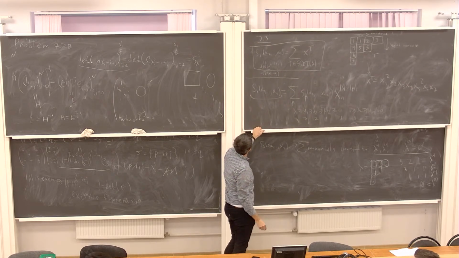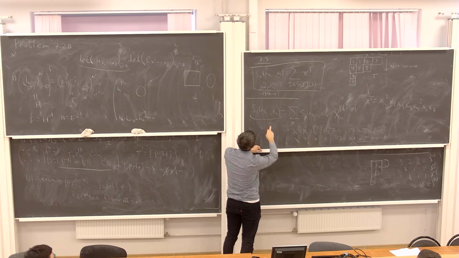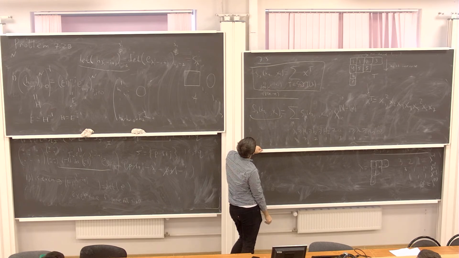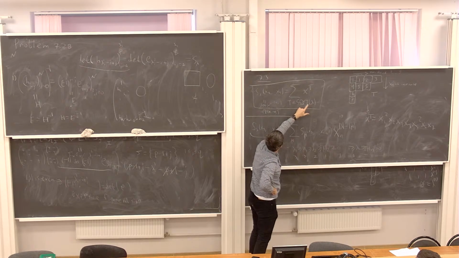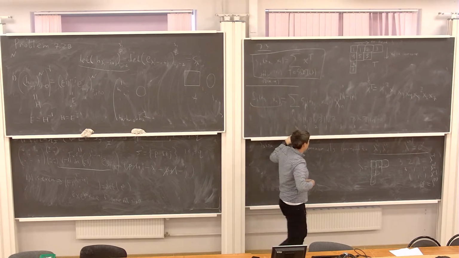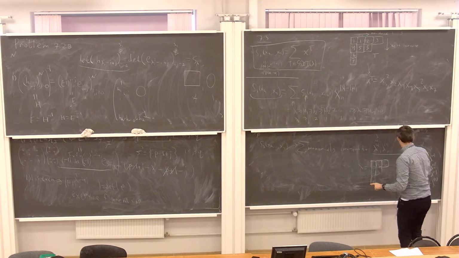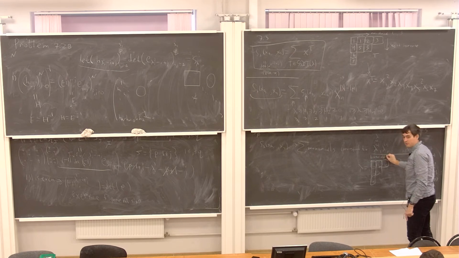Let's recall what the connection is between n and lambda. You fix lambda, the number of boxes is the degree of your polynomial, and the number of variables is 6, right? So here you have 6 variables.